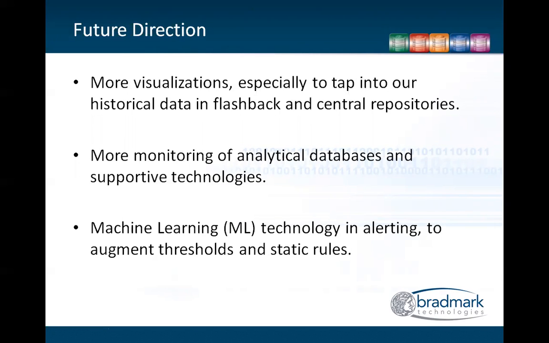But one of the challenges we face in delivering something like adaptive thresholds is delivering that in your environment, which may be closed off from the internet, so it needs to be provided in a box to you. So that's one of the things we're getting into: augmenting the alerting by augmenting the static rules with automatic thresholds, and providing that in the box, in the product, on your site.